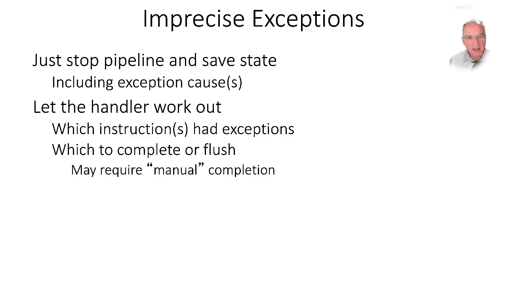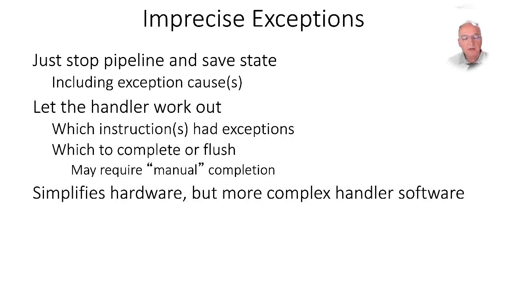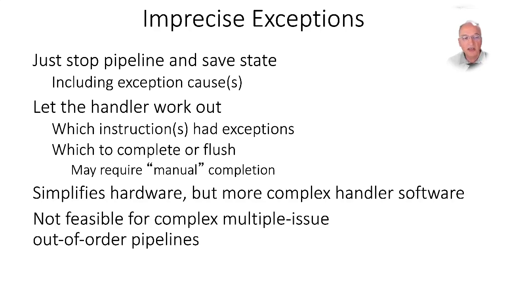If you have imprecise exceptions, you may require some manual completion of instructions. This simplifies the hardware, but it makes the software much more complex, and it's not feasible if you have complex multiple issue out-of-order pipelines, because it is too difficult for the software to figure out what was the cause of the exception and which instruction should be completed and which instruction should not be completed.